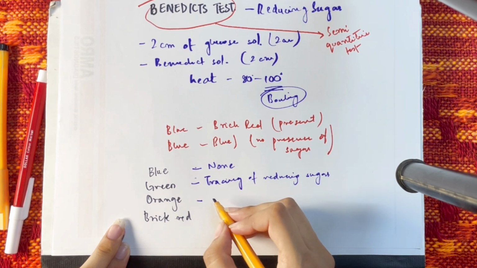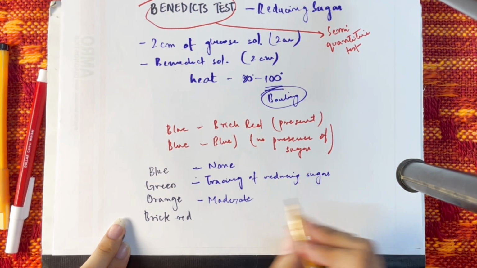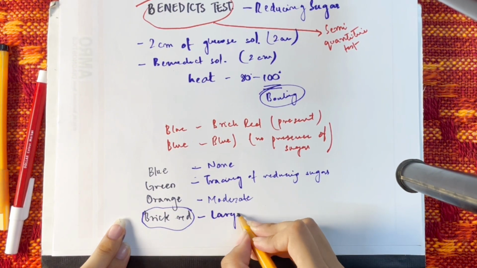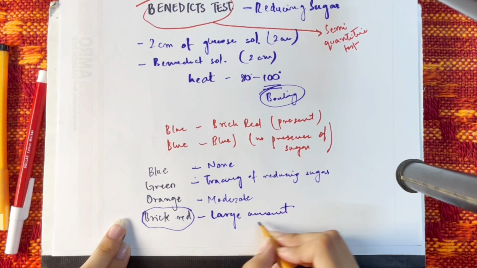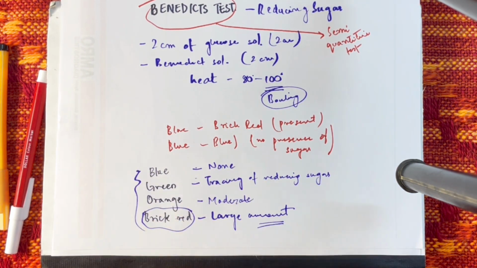When it turns orange, we say that there's a moderate amount of reducing sugar. But when it turns brick red, we say that there is a large amount of reducing sugar present in it. So this is the condition in which we say that the Benedict's test is a semi-quantitative test, where it goes through different colors and then reaches brick red, where we say that there is a large amount of reducing sugar present.